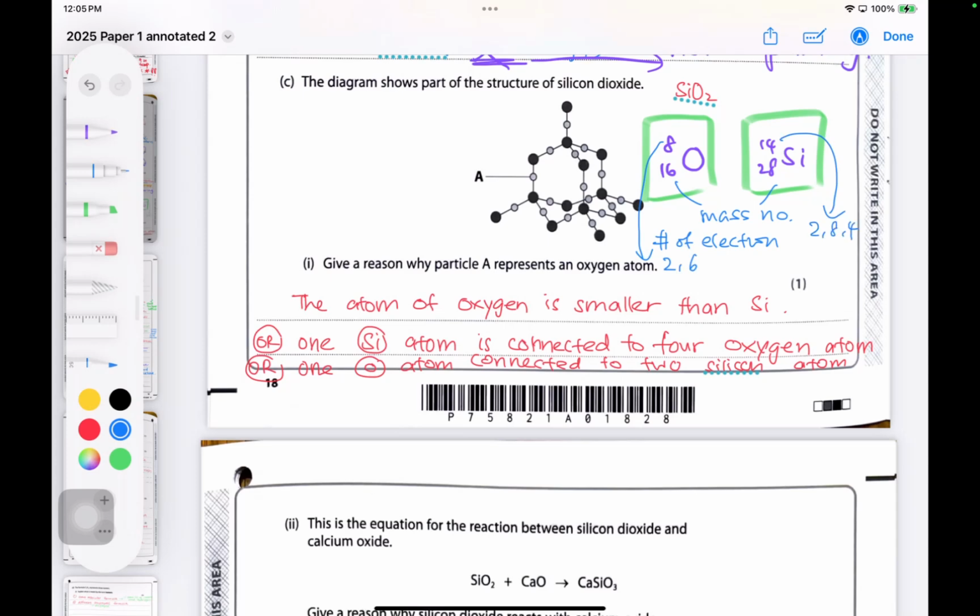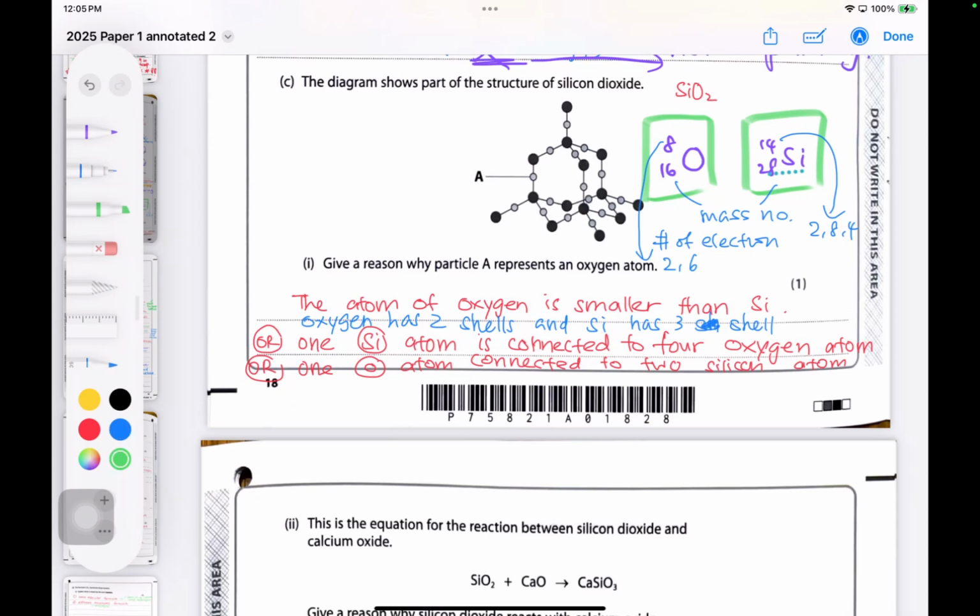That alone would represent the different numbers of shells. Oxygen has 2 shells and silicon has 3 shells. If the number of shells is more, then the atom's atomic size would be bigger as well.